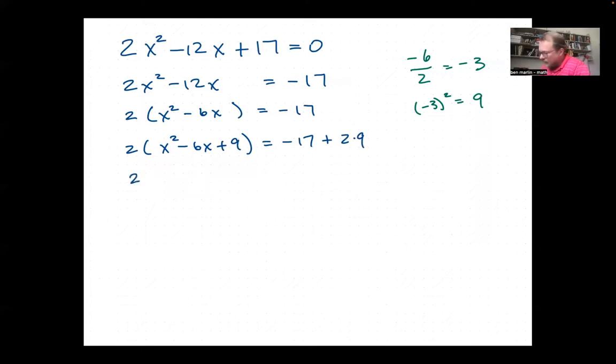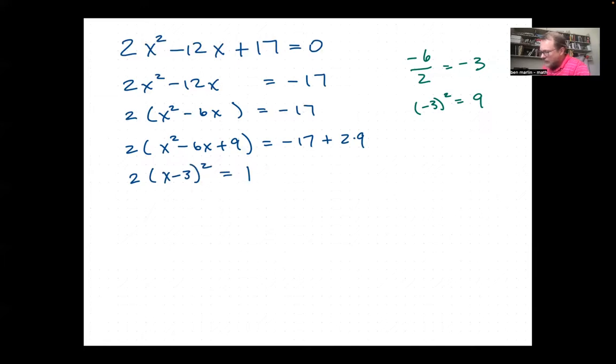So now this is 2 times a perfect square. And because we remembered that minus 3, we can just write that square. And the other part here, the negative 17 plus 18, will turn out to be 1.